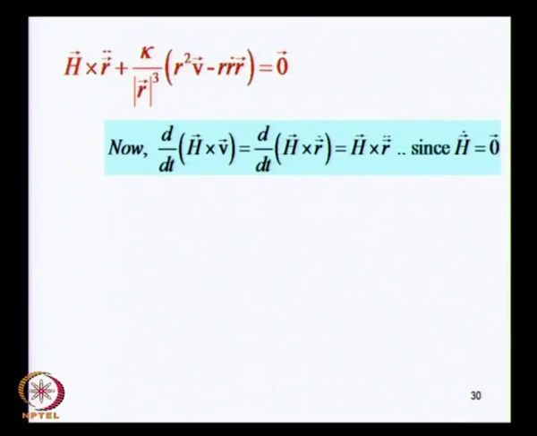Let us play with this further. We recognize the fact that if you take the time derivative of this cross product of h with v, the d by dt of h cross v will give you dh by dt cross v plus h cross dv by dt.